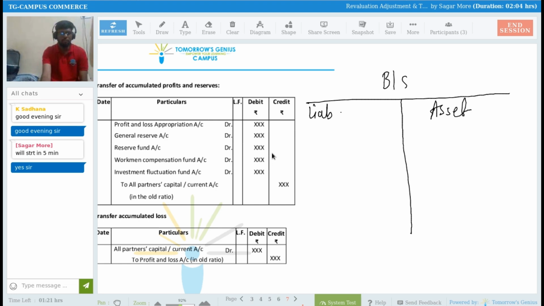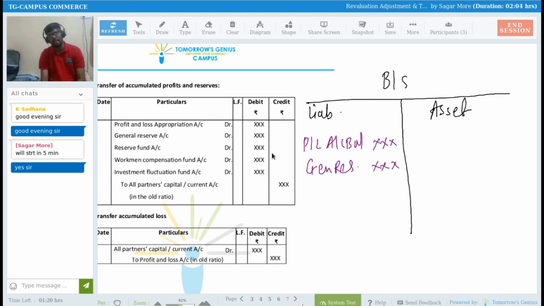If you find a profit and loss account balance on the liability side, and then general reserve, we know the profit and loss account balance is nothing but profit, and general reserve is also part of profit. So you have to transfer all these profits to all the partners' capital accounts or current accounts, whatever method they are following, and distribute them between all the partners, including the retiring partner, as per their old profit sharing ratio.